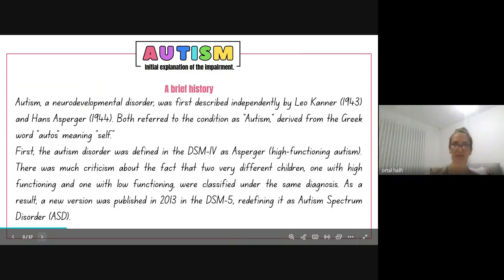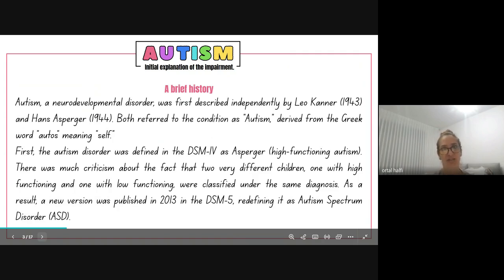Let's talk about the brief history of autism. Autism, a neurodevelopmental disorder, was first described independently by Leo Kanner in 1943 and Hans Asperger in 1944. Both referred to the condition as autism, derived from the Greek word autos, meaning self. First, the autism disorder was defined in the DSM-4 as Asperger.